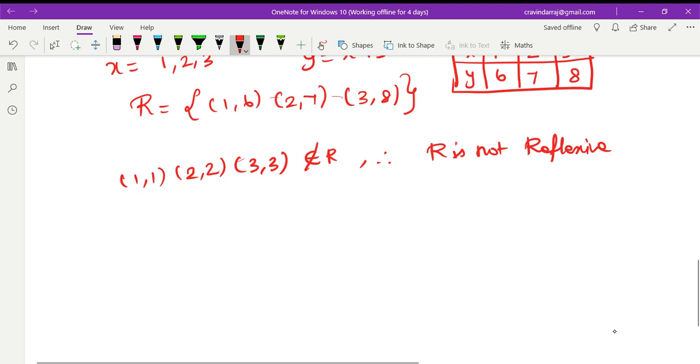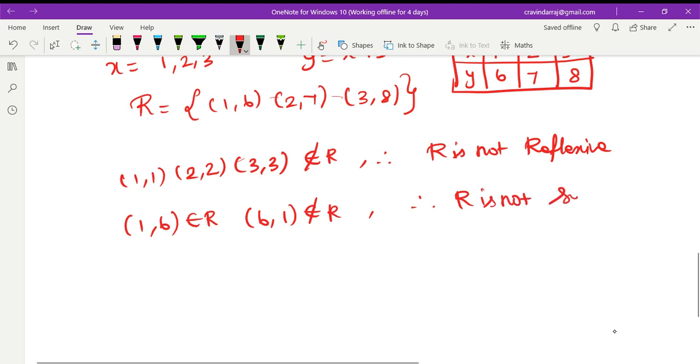Then the second one is symmetric. Symmetric means if (1, 6) belongs to R, then (6, 1) should belong to R, but it does not. Therefore R is not symmetric.